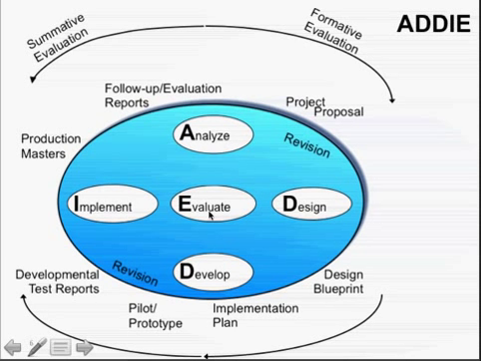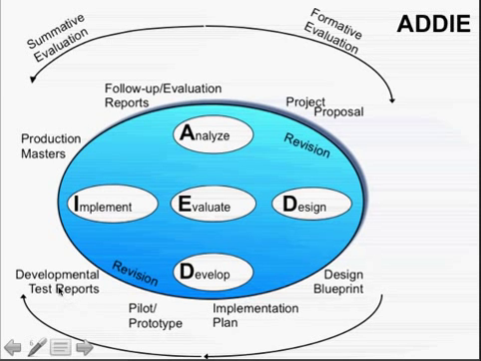You might notice here, in the model, for those of you looking through this, these are sort of indicators of examples of the kinds of documentation that might be created via the ADDIE model. We talked a little bit about the design blueprint, sort of that interface between design and development. Development will start to think about an implementation plan. We might create pilots and prototypes.